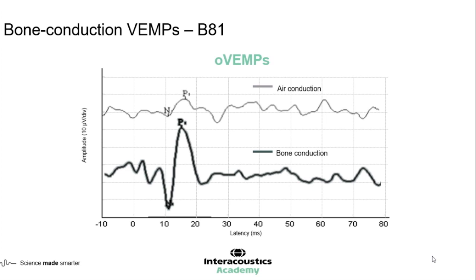Now again, bone conduction hasn't really been that well utilised until relatively recently, with the advent of the B81 being available, which now gets us up to stimulus levels which can create a much larger vibrotactile mechanical response in the skull to activate the oVEMP. In fact, here is an example looking at the size of an oVEMP in the same subject, both doing air conduction and bone conduction. So we can get much larger responses using bone conduction for certain measures.